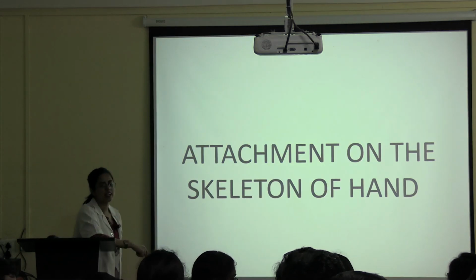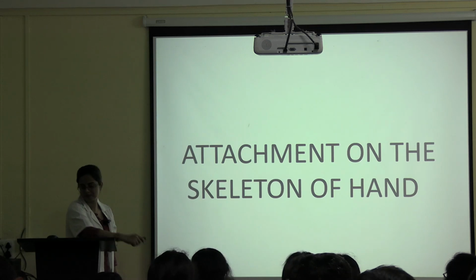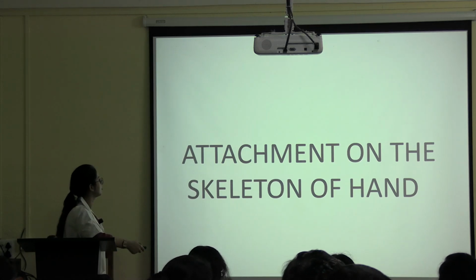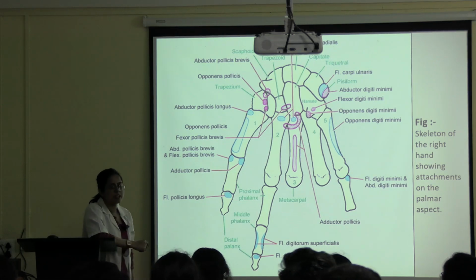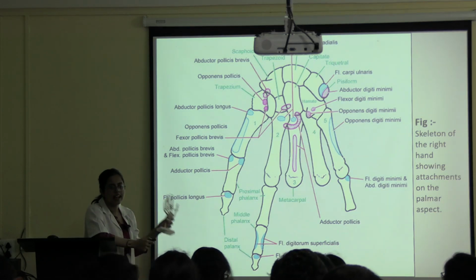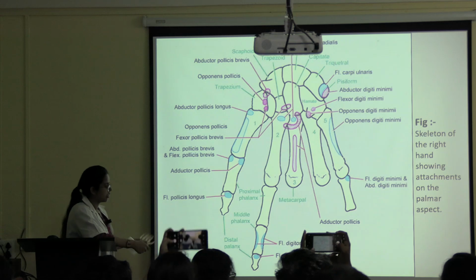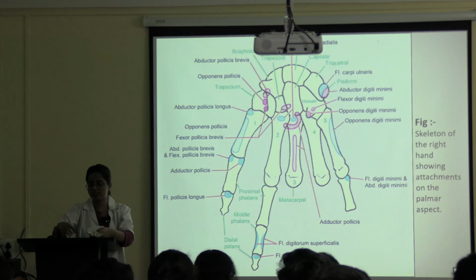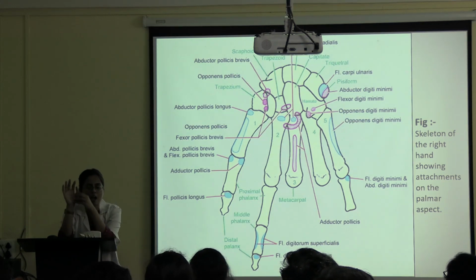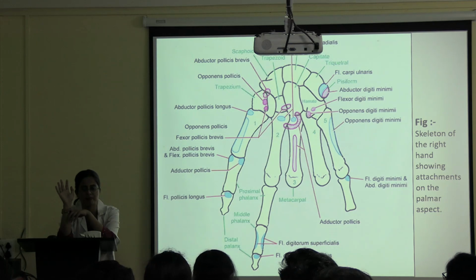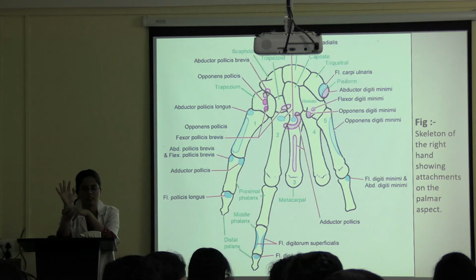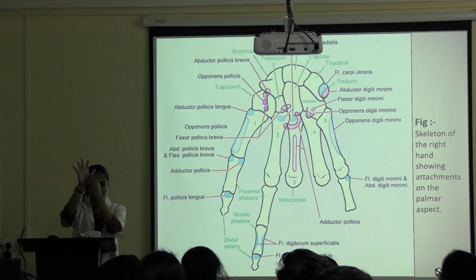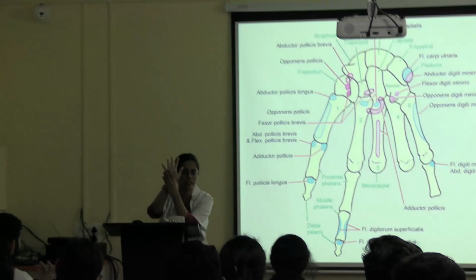Now, attachments on the skeleton of the hand, the muscles. This diagram is showing various muscles attached to the hand. Can anyone say which is the thenar region of the palm and which is the hypothenar region of the palm? So this is the thenar eminence, and this is the hypothenar eminence.